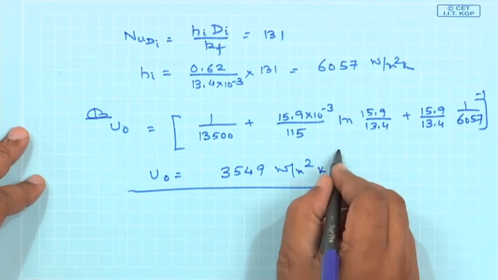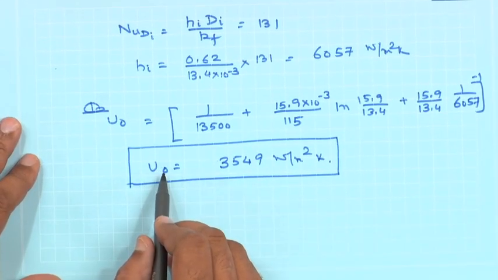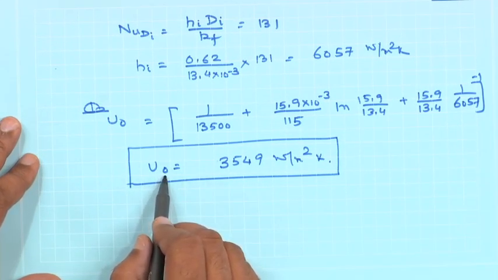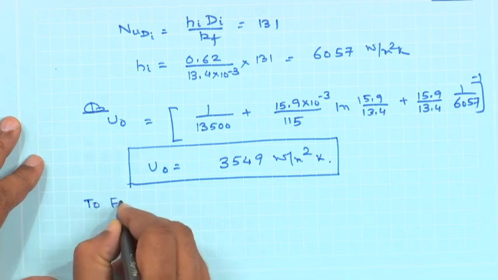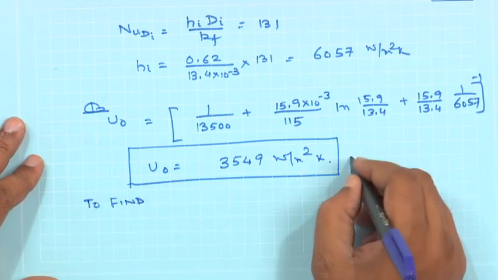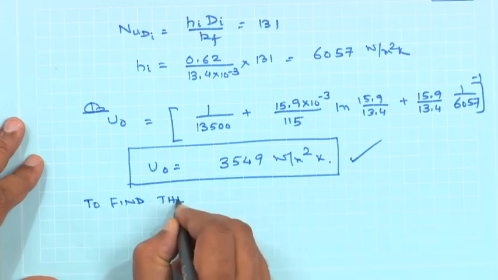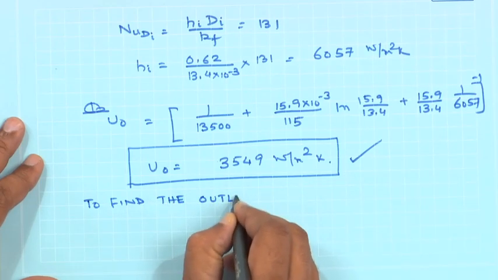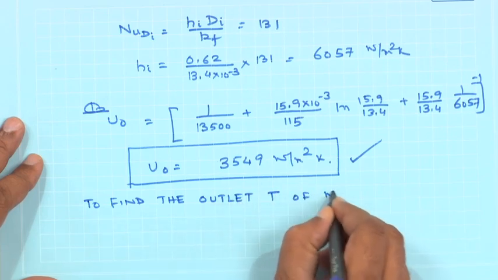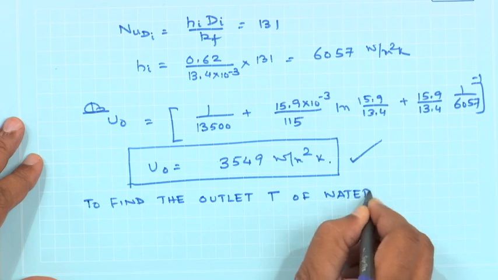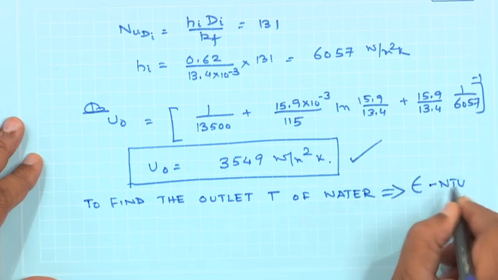So, now I have obtained the overall heat transfer coefficient based on the outside area. So, one part of the problem is over. Now, to find the outlet temperature of water, we need to use the epsilon-NTU method.